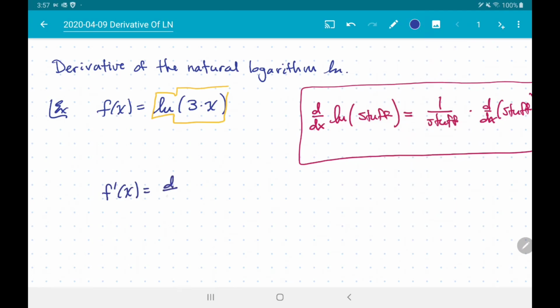Let me make that clear here as well. I'm going to write f prime of x is, well, just the derivative with respect to x of its formula.